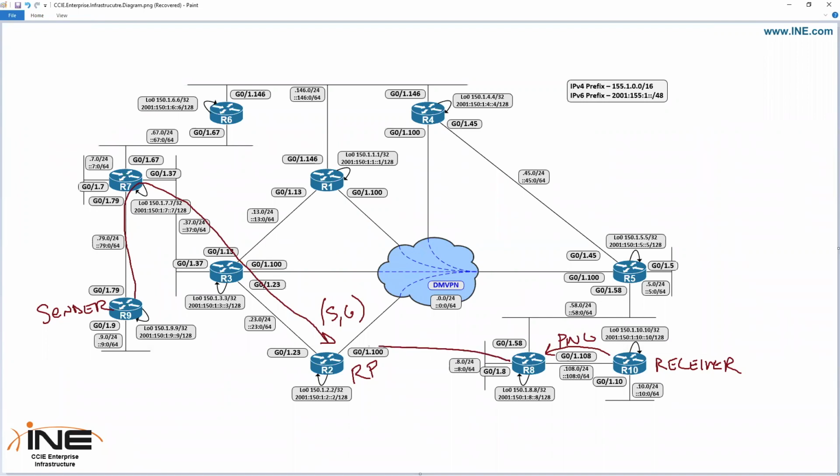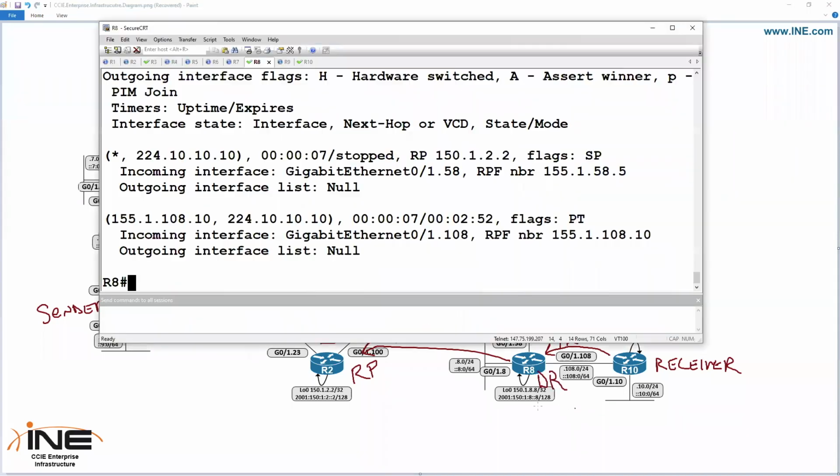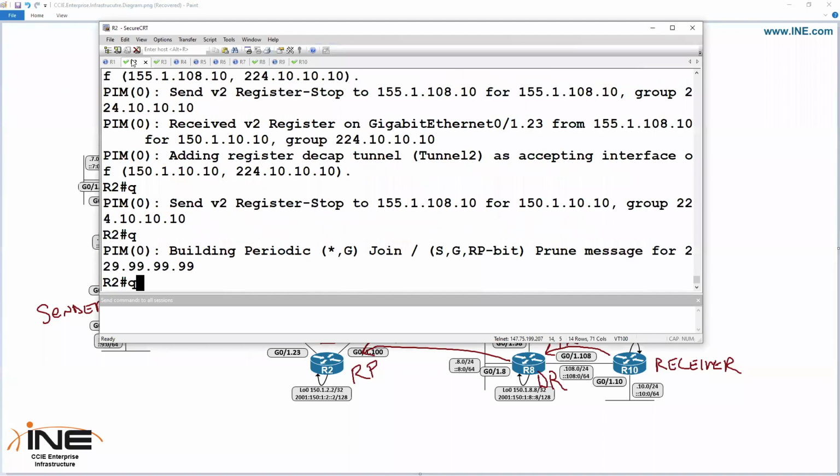8 puts it inside PIM and sends it as a PIM register message. So router 8 is going to know about this because it is the designated router. And router 2 should know about this because it is the rendezvous point.